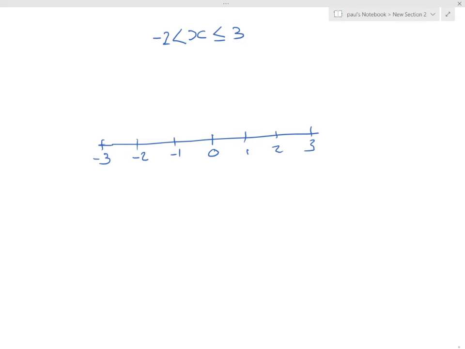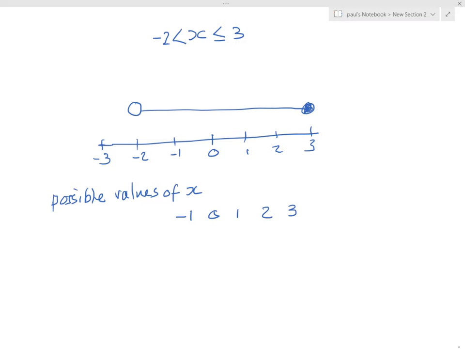So the -2 open dot is there, the +3 closed dot is there, and we simply join them up. And the possible values of x are going to be more than -2, so it could be -1, 0, 1, 2, and include 3, because it could be equal to 3.